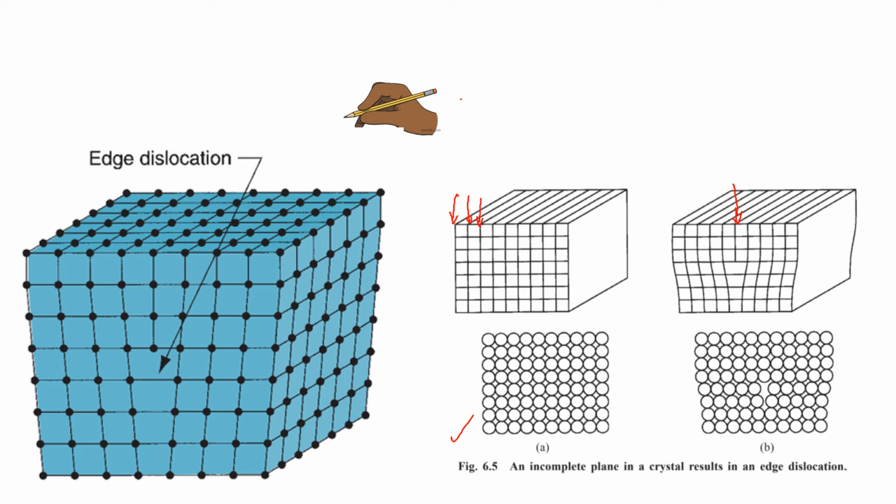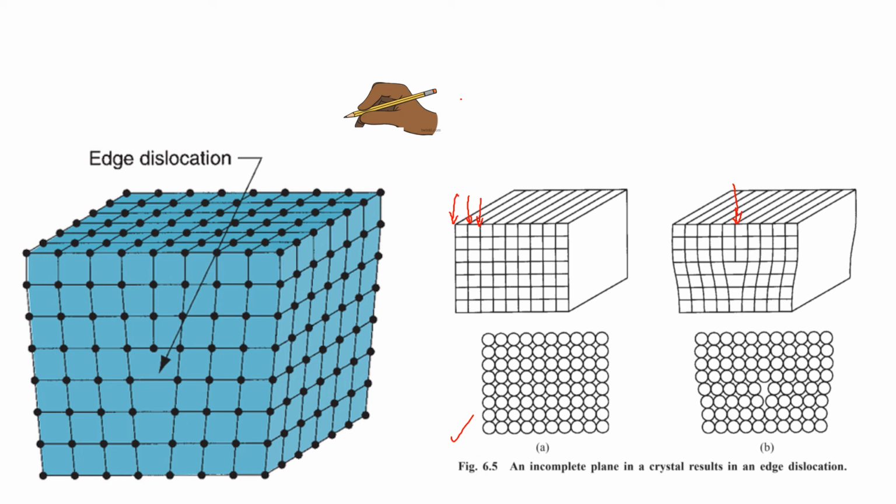So you can see that there is a type of distortion in the crystal due to this arrangement. If you consider the crystal as parallel planes, there may be a plane that extends from top to somewhere in between, not completely.